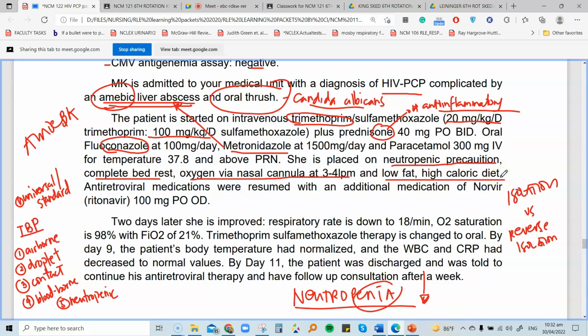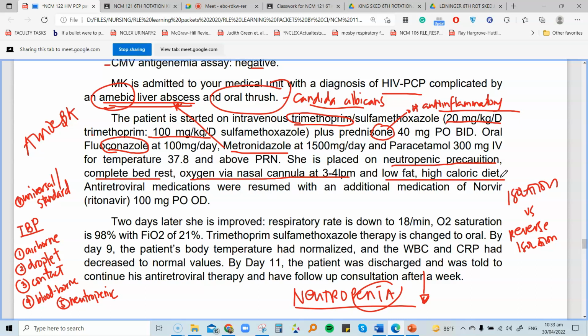Why does the client need low fat? Because po, anything that has something to do with the liver, okay, needs to have your low fat diet. Okay, your liver is responsible for the metabolism of your food. Or even your drugs for that matter.